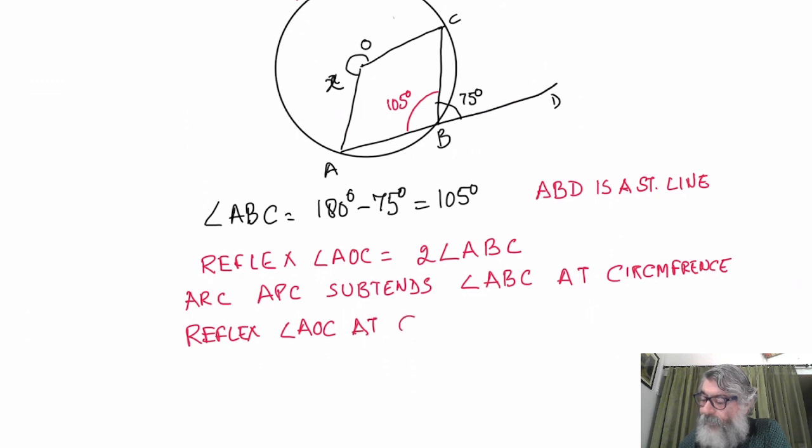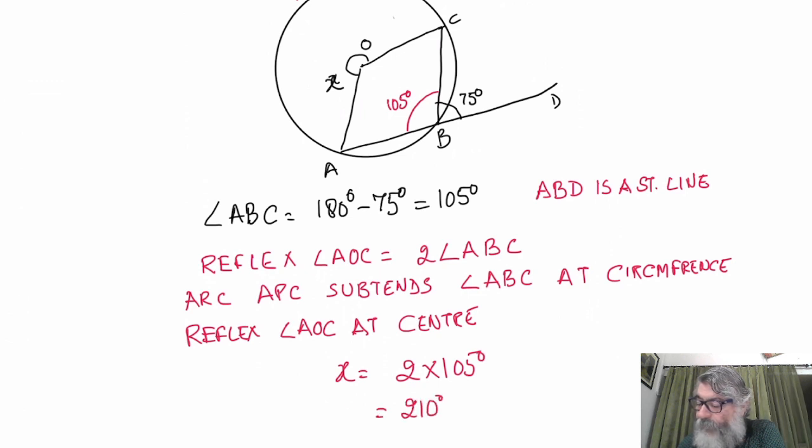So the relation is that the angle subtended by an arc at the center is double the angle which it subtends at the remaining part of the circumference. So x will be equal to 2 into 105, that will be 210.